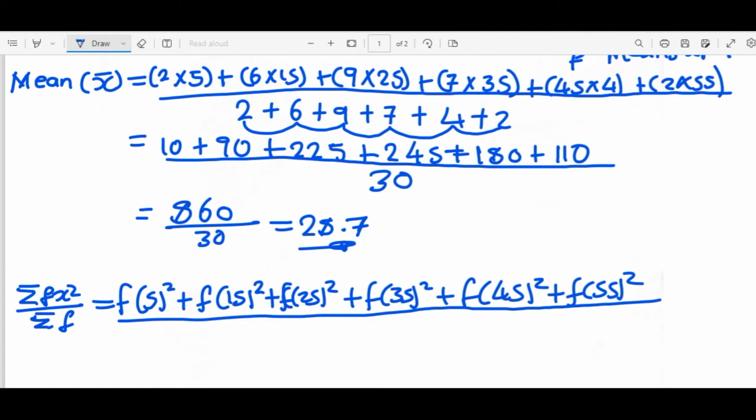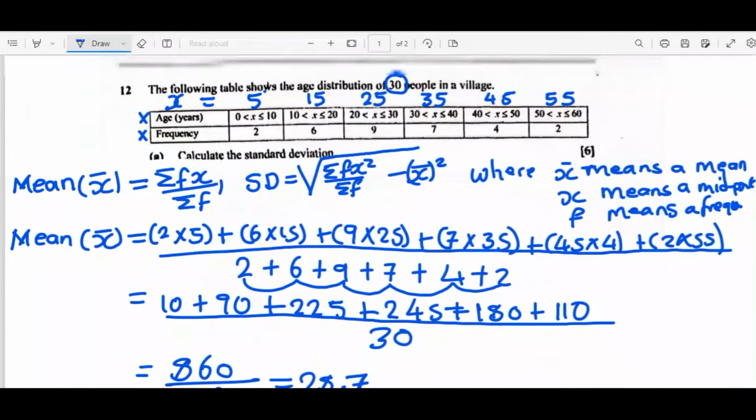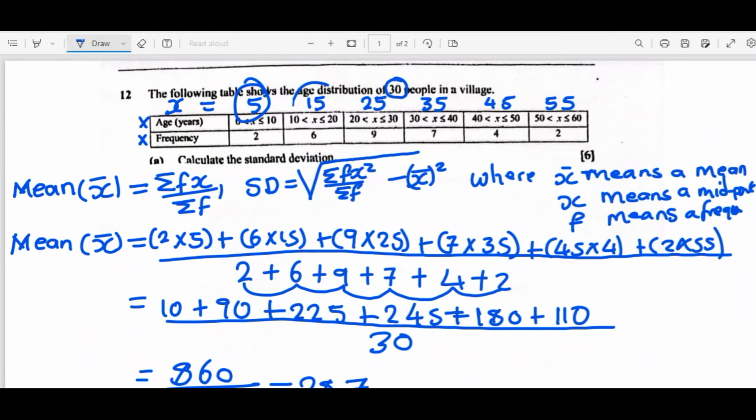We know that we still get 30, so I'm just going to write 30. So the point here is these numbers must be squared. Then the product of these numbers will be multiplied by the frequency, then we'll be able to come up with the final answer.